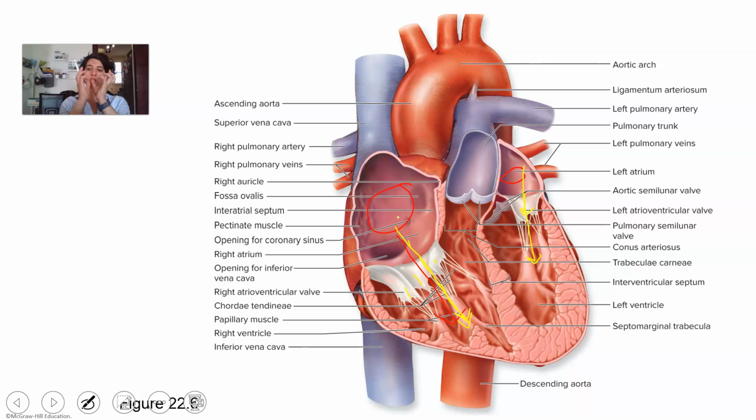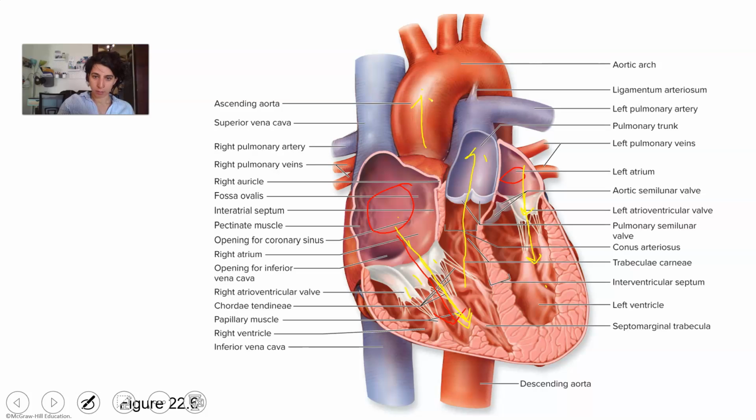So when you contract the ventricles and generate that force to push blood out, on the right side into the pulmonary arteries, and on the left side into the aorta, you don't want blood flowing back into the atria. All right, so the atrioventricular valves are what prevent backflow into the atria.